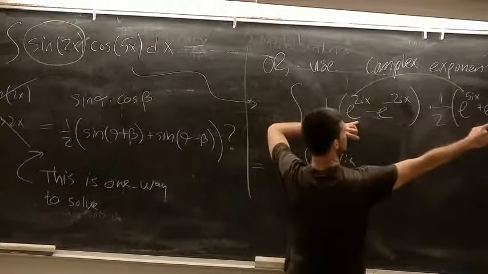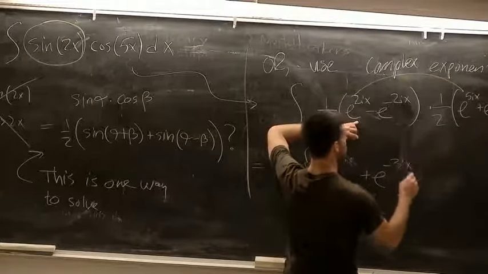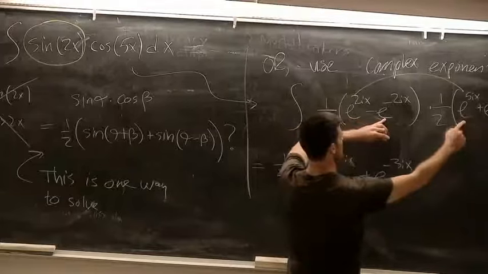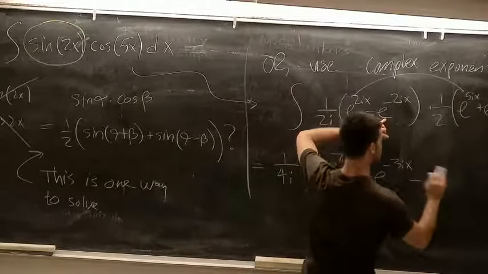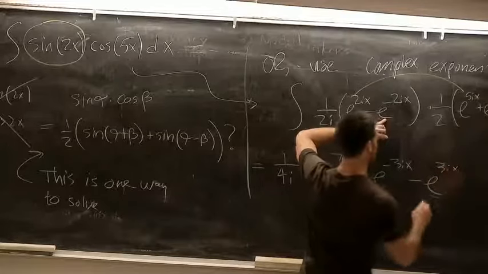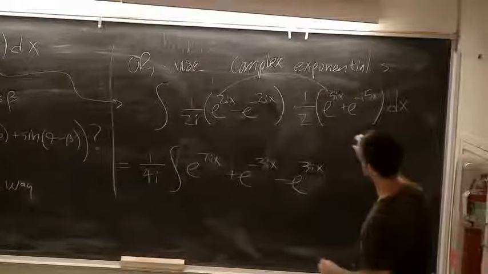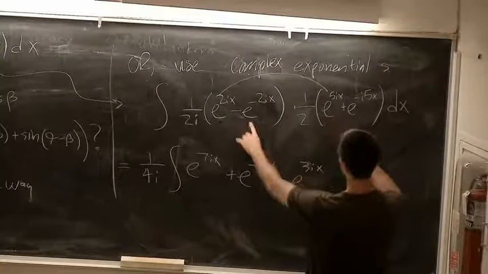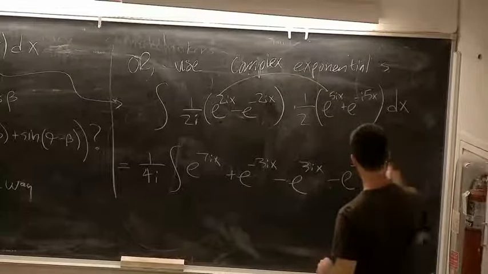This times this is e to the minus 3ix, minus e to the 3ix, and then minus e to the negative 7ix.